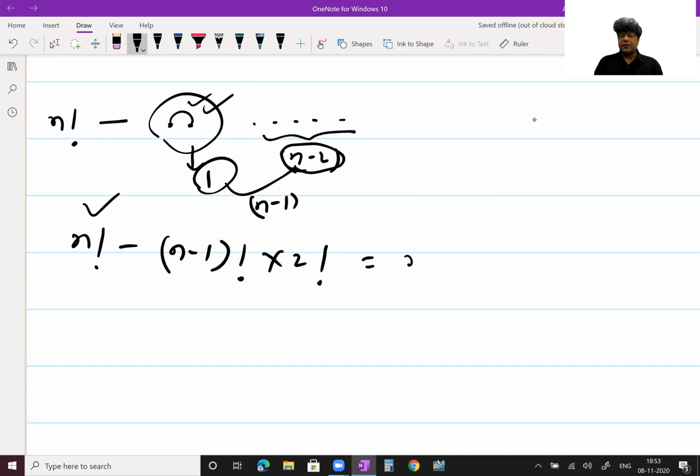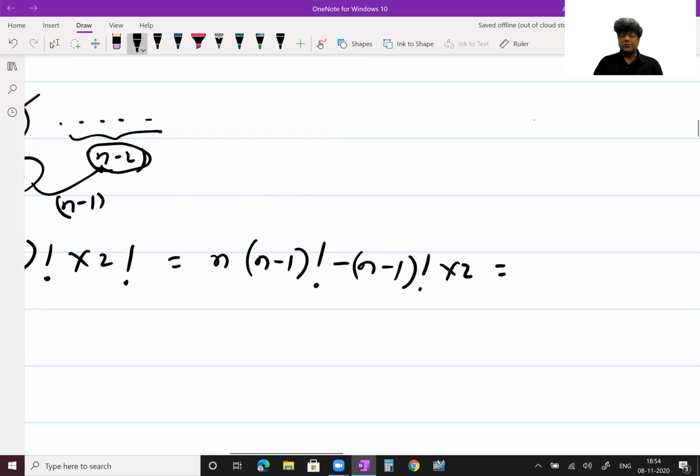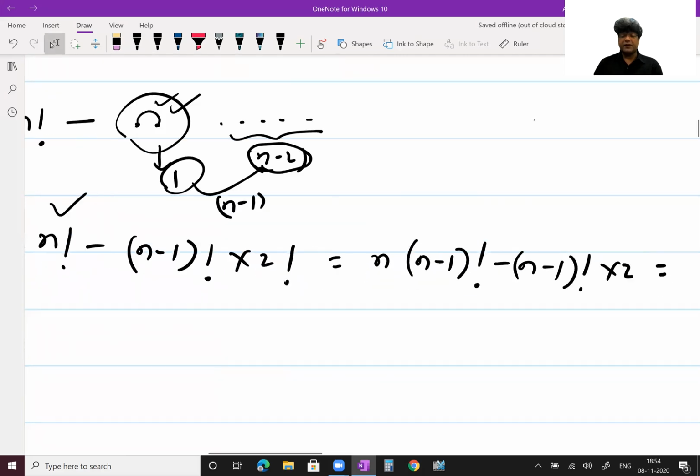This n factorial can be written as n into n minus 1 factorial, minus n minus 1 factorial into 2. Out of these two, if I take n minus 1 factorial common, then what will remain from the first? N, and from the second, minus 2. So our answer is n minus 1 factorial into n minus 2.